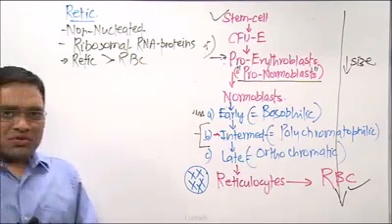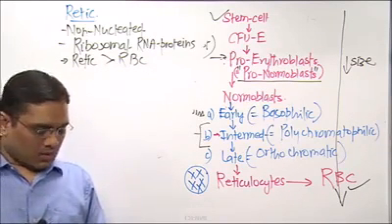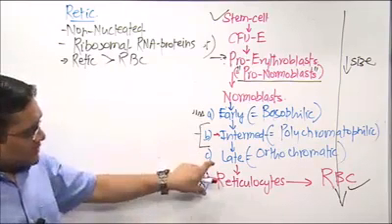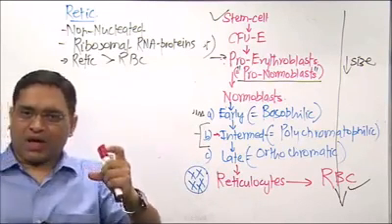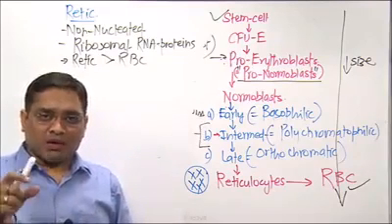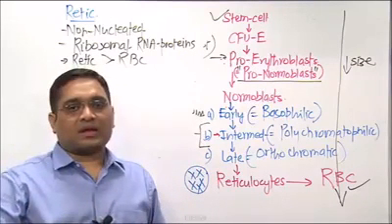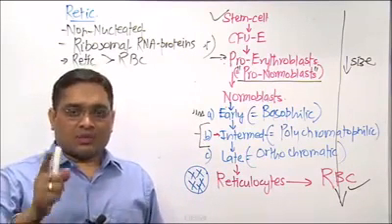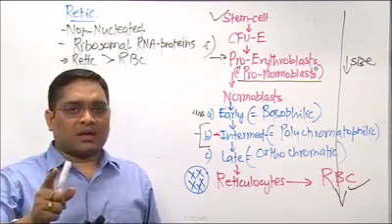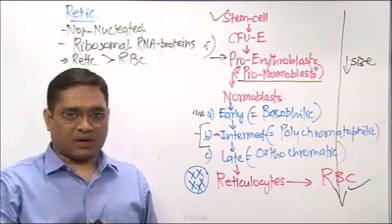Now there is a crucial question. Can reticulocytes be stained by Romanowski or routine stain? Many of the guys are saying no, we cannot stain. Wrong. We can stain. Remember, we can stain reticulocytes with Romanowski, but it is non-specific.